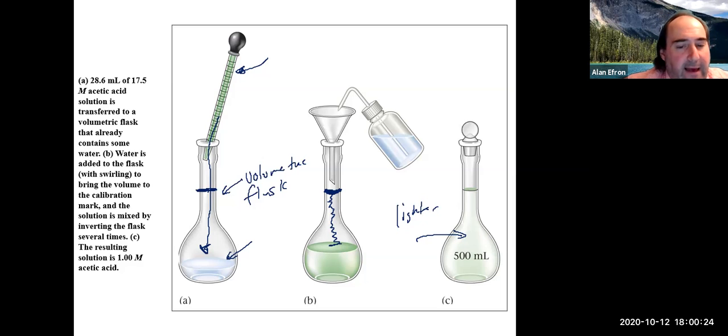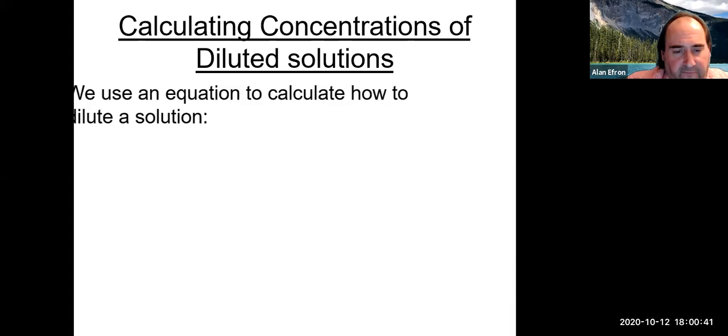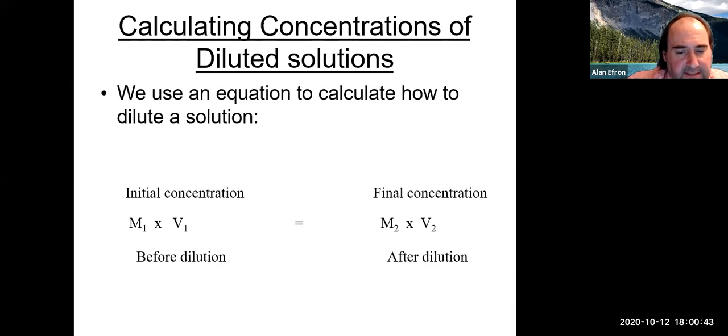And again, what happens is the molarity ends up going down in the diluted solution, because you're adding more solvent and making that bottom number larger. There is a formula that is used for dilutions, sometimes referred to as the dilution formula. It is M1V1 equals M2V2, and it is pretty much what it sounds like.